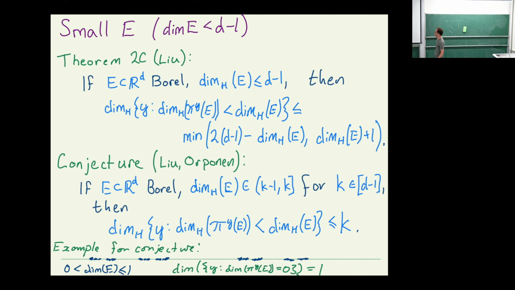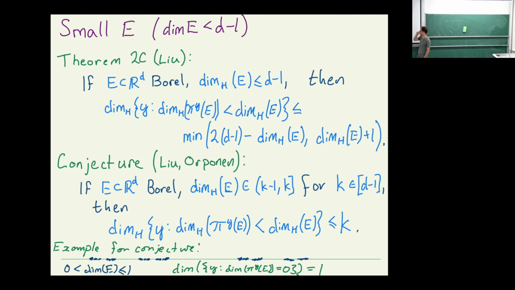Here in the continuous setting, again, this is the most natural definition for what the exceptional set would be. And he has two different upper bounds. One is the same as what they had in the large set, but of course the definition here is different. And the other one is the Hausdorff dimension of E plus 1. But Liu and Orponen don't think that this is the correct answer.